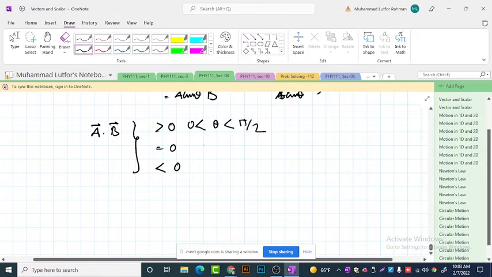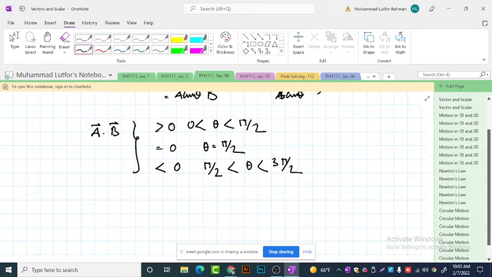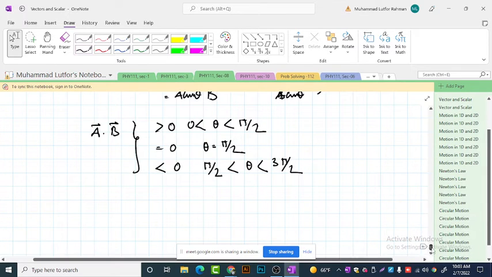It will be equal to 0 if theta is 90. It will be less than 0, or negative, if theta is greater than 90 or less than 3 pi by 2, that means 270. In that region you can find whether this is going to be positive, negative, or equal to 0.